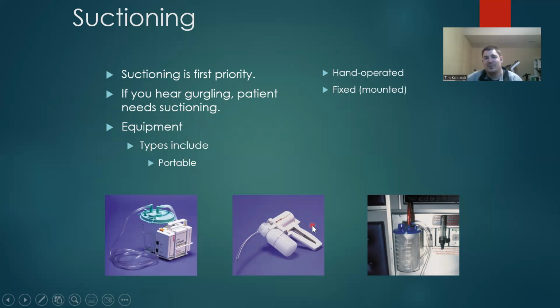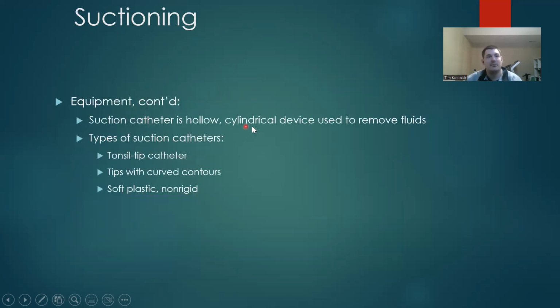Right? There's a few different types. You've got the one mounted to the ambulance. Right? You've got your handheld, hand-powered ones, or your portable battery pack ones that are also usually in the ambulance or vehicle. Right? There's lots of different types of suction catheters out there. There's a tonsil tip that fits down your supraglottic airways, or ET tubes if you're helping with those.